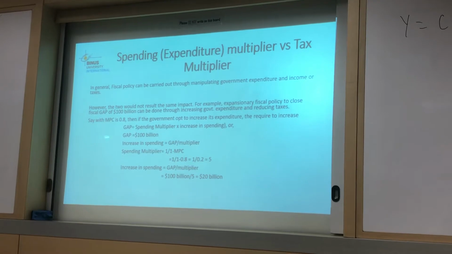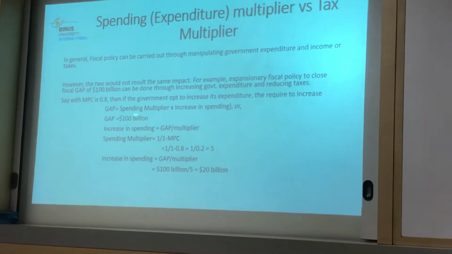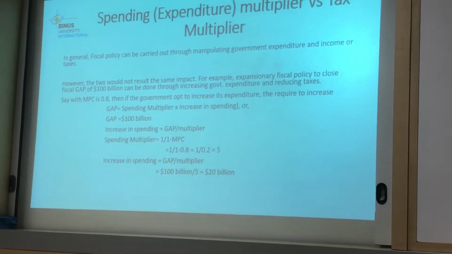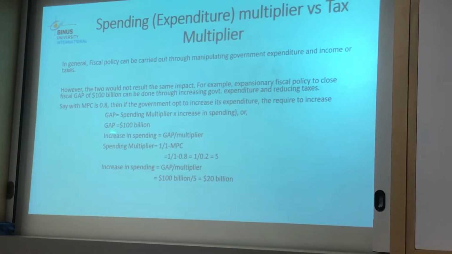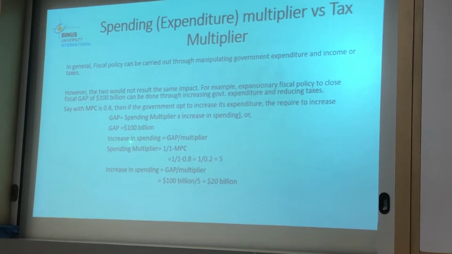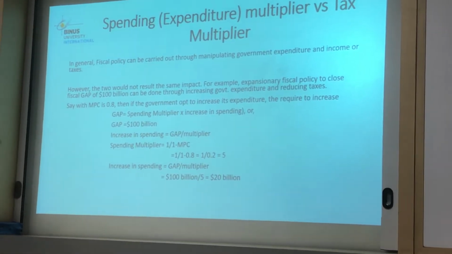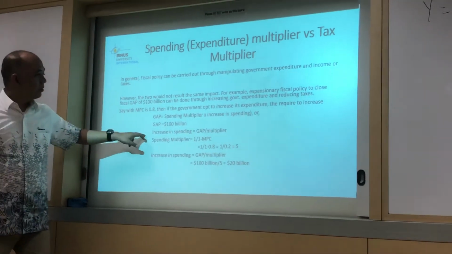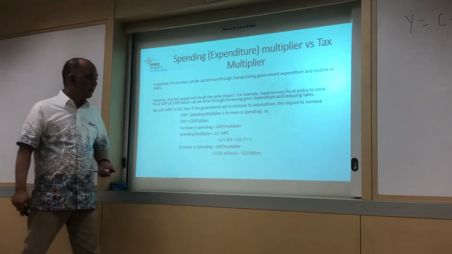Why is that the case? Gap is equal to the spending multiplier times the increase in spending. With a gap of 100 billion, if we rearrange this equation, the increase in spending is equal to gap divided by multiplier, right?